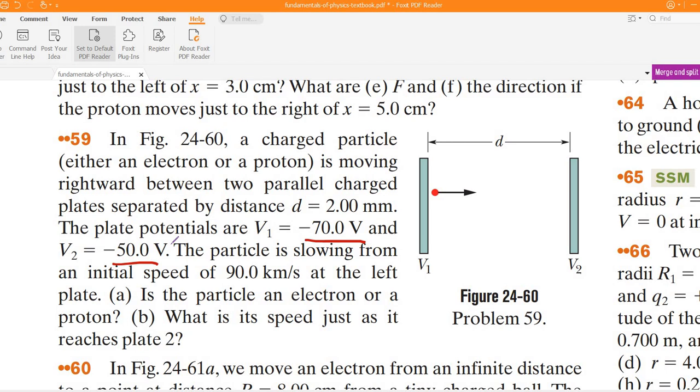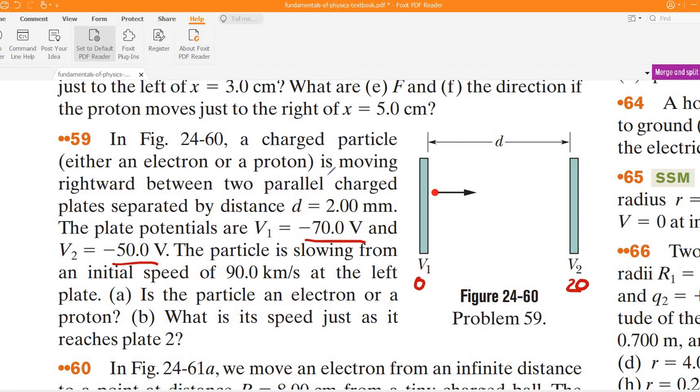It doesn't matter because only the difference matters. So for us, if I say this has 0 potential, this would have plus 20 volt potential.